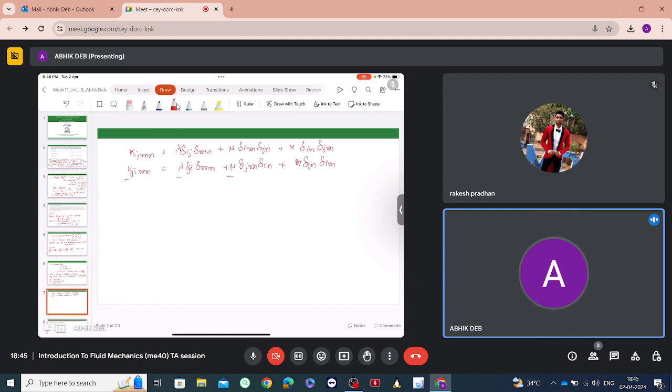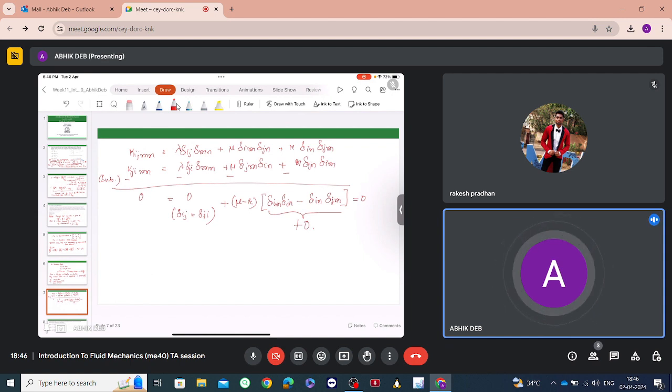The first is 0, and this is also 0, since delta ij is equal to delta ji, and here we will get mu minus r times delta im delta jn minus delta in delta jm equal to 0. But the term delta im delta jn minus delta in delta jm is not equal to 0, because if it became 0, then the entire Kijmn would become 0.